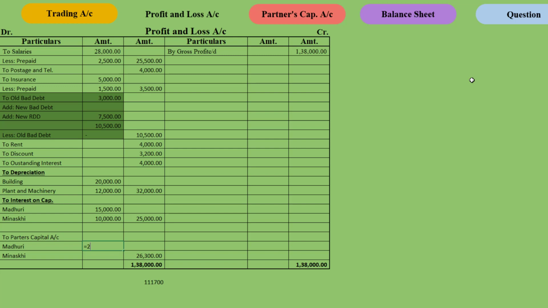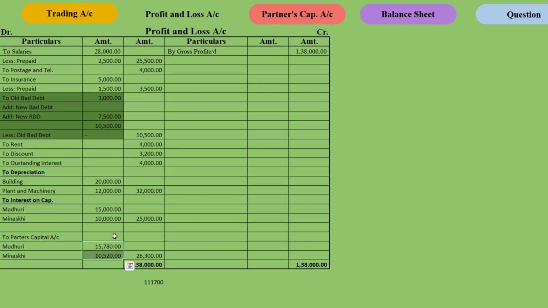So how to calculate? 26,300 into 3. Out of 5, Madhuri will be taking 3 share upon 5. Now Meenakshi, same way, 26,300 into 2. Her share is 2 out of 5. Okay, got it?